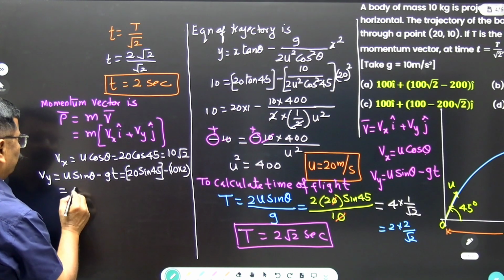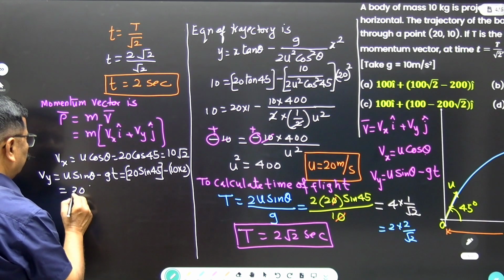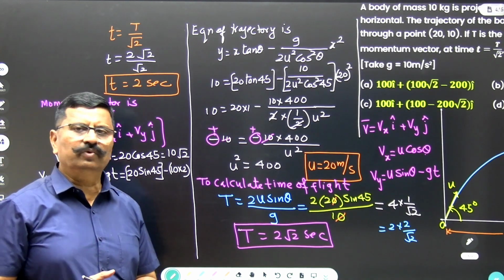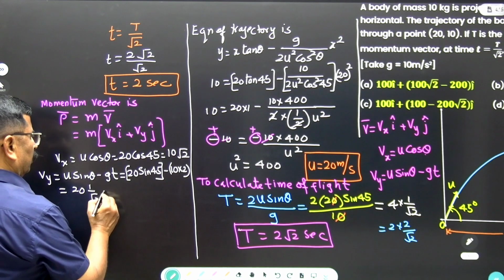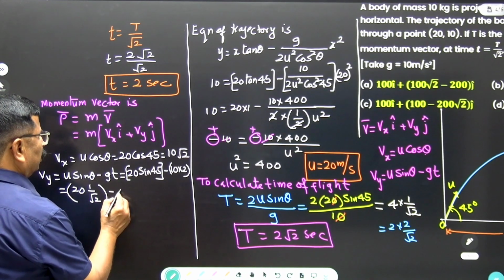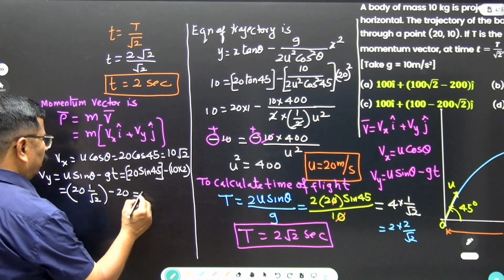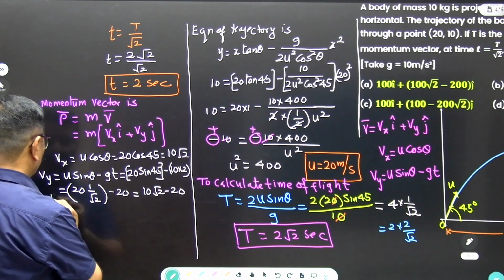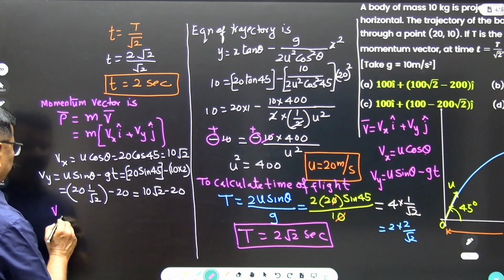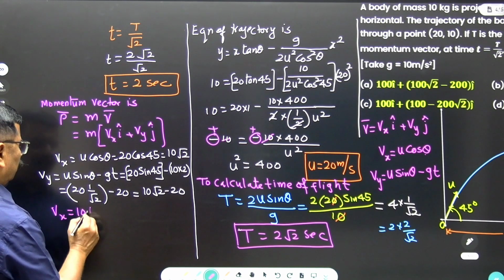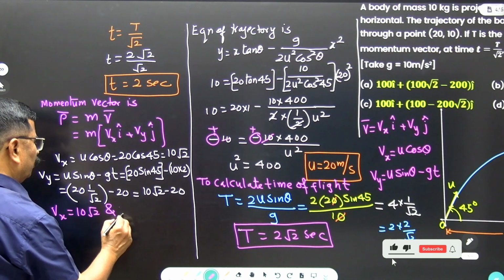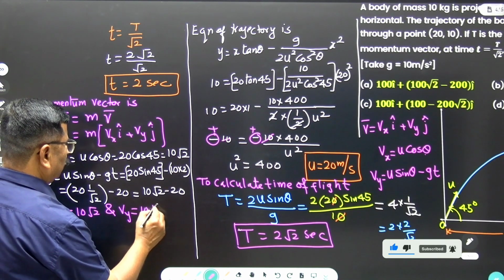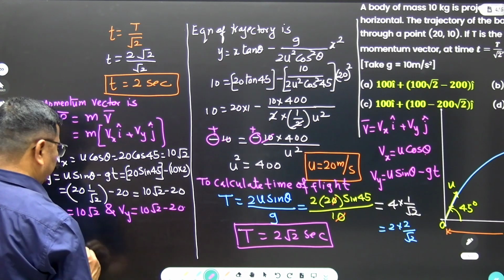So this will give you 20 into 1 by root 2, because sine 45 is 1 by root 2, minus 20. So this will be 10 root 2 minus 20. Therefore, the vx component is 10 root 2 and the vy component is 10 root 2 minus 20.